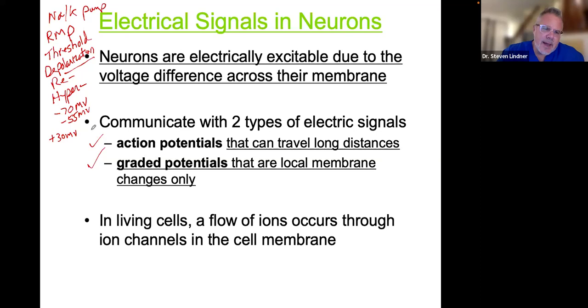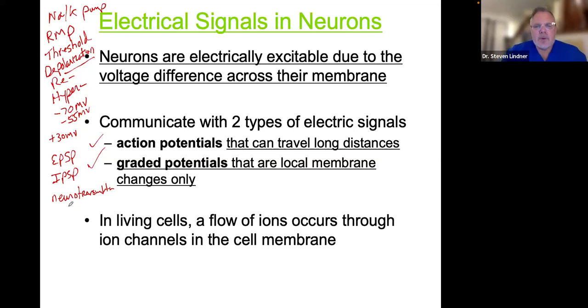We'll also hear words like EPSP and IPSP, which stand for excitatory postsynaptic potential and inhibitory postsynaptic potential. And then you'll hear neurotransmitters. So lots of neat terms are going to be coming up.